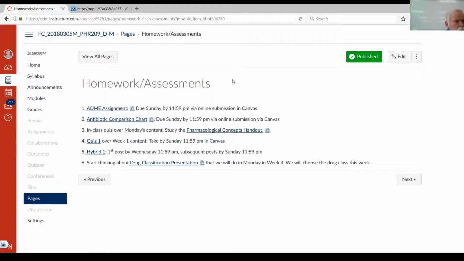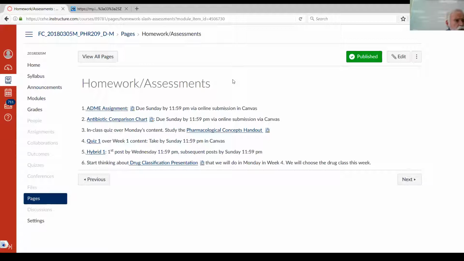Irrespective of what it may say in the instructions, the hybrids are: first post should be done by Wednesday night at midnight, and then your responses are needed by Sunday, not Saturday. Wherever you see a Saturday due date, Sunday is my due date. So if you turn it in and it says it's late and you've turned it in by Sunday, it is not late. Okay, so don't worry about that.